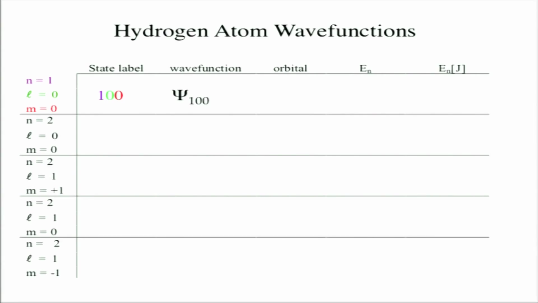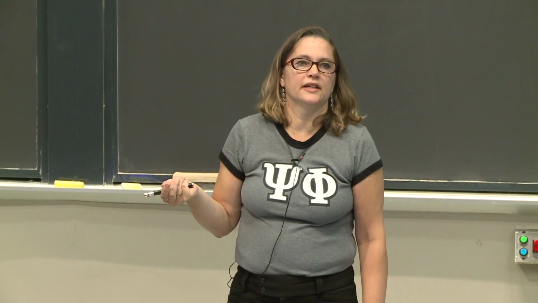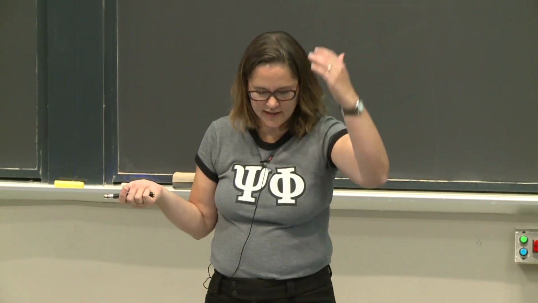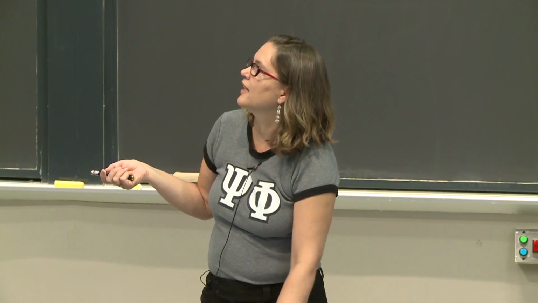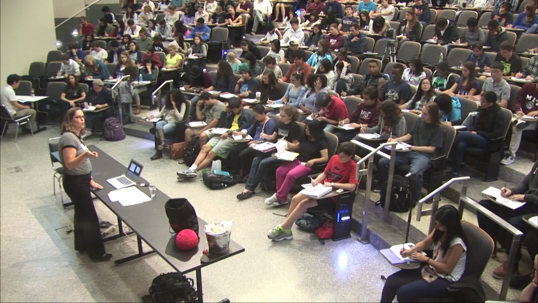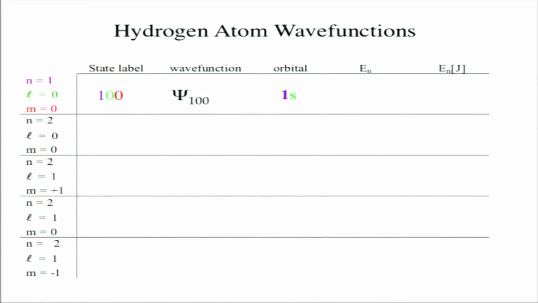So 1, 0, 0. And what kind of orbital is this? You can just yell it out. Yeah, so that's the 1s orbital. And so n equals 1, that's 1s. And now we have our binding energies again. And so we can write those in two different ways.